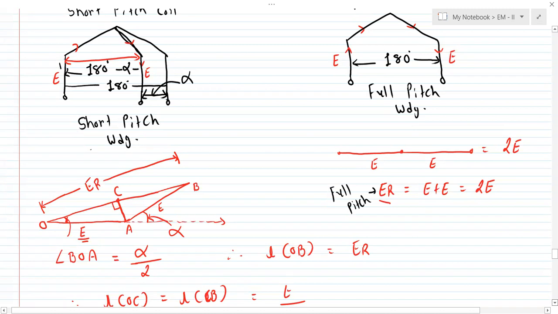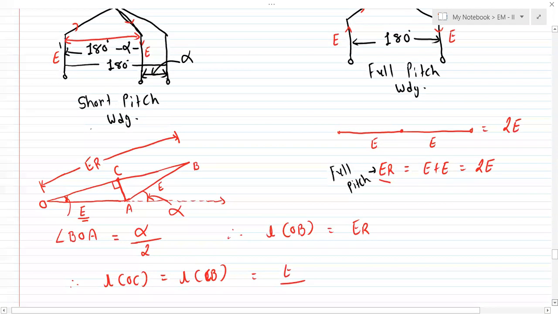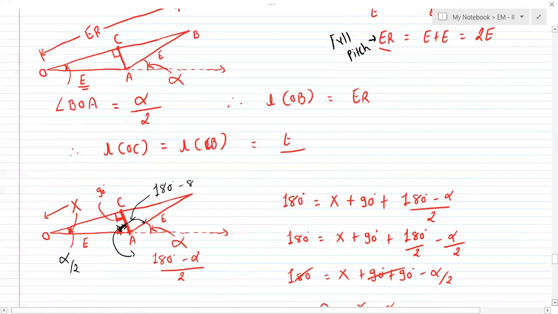Now we derive the EMF generated in a short pitch coil. When we have a short pitch coil, we do not have the arithmetic sum; instead we have the phasor sum. There is some angle between the EMFs generated, denoted by alpha.